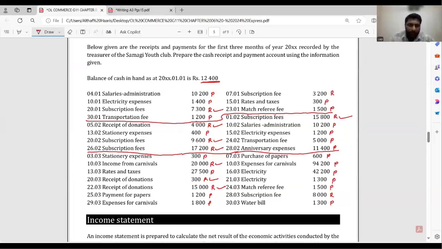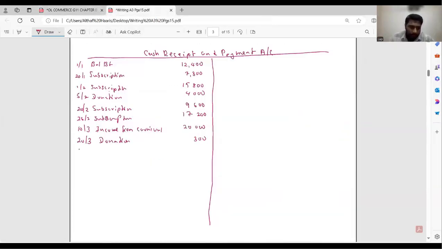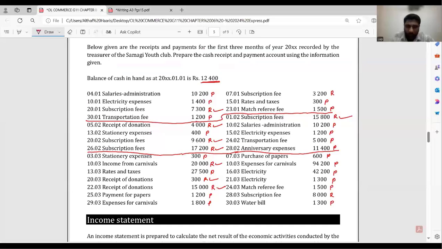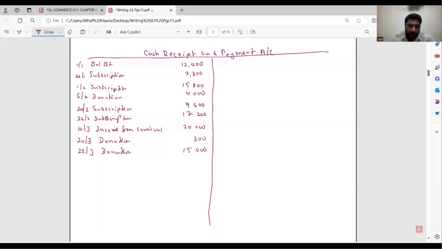Donation 15,000. Then here we have a subscription fee 8,000.